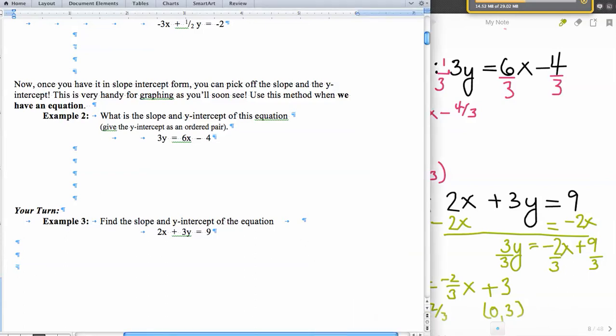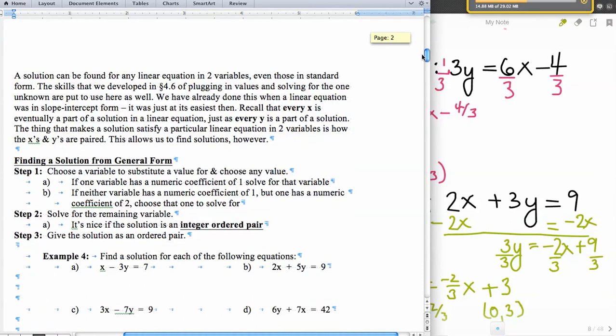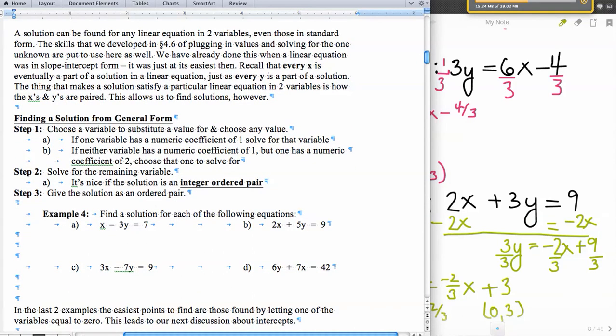All right, now moving on to our next examples. What we have is finding the solution from the general form. So what we're prepping to do in this particular instance is to find solutions, and knowing that every x and every y will eventually be part of a solution for a linear equation in 2 variables helps us out because it allows us to choose either an x value and then solve for y, or choose a y value and then solve for an x.